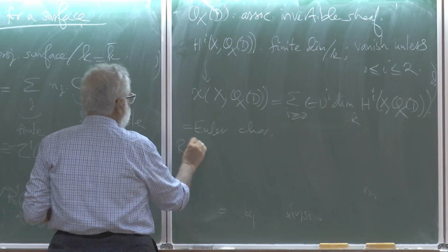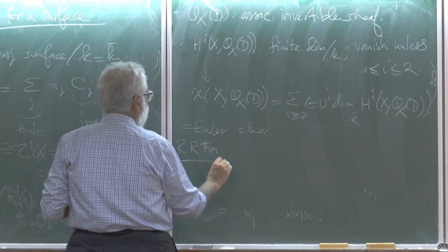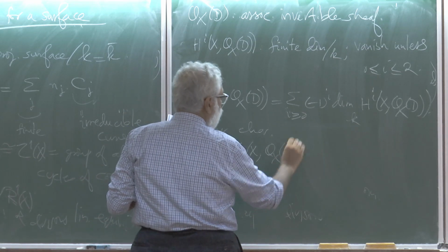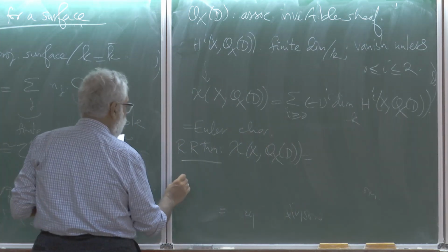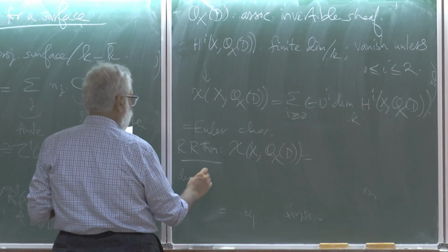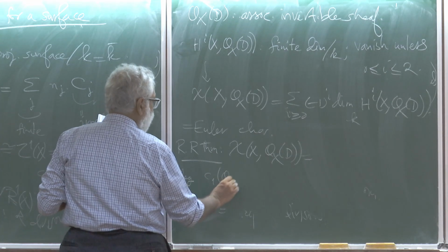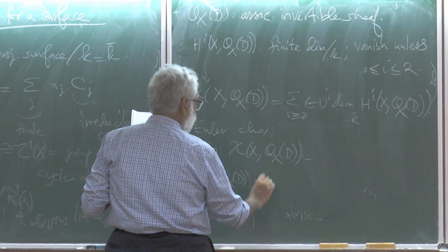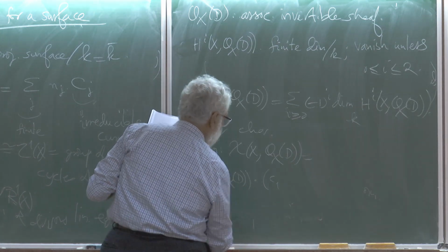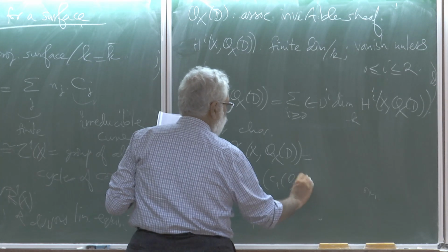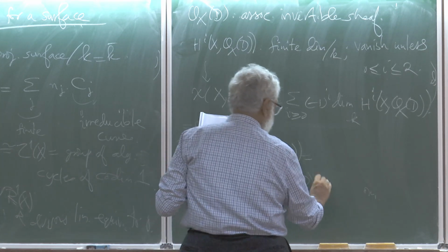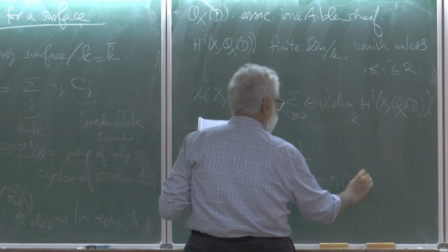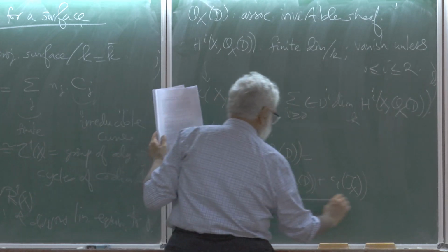So Riemann-Roch would say that chi of X, O_X(D) is equal to the degree of C1(O_X(D)) dot the sum C1(O_X(D)) plus C1 of the tangent sheaf, divided by 2.